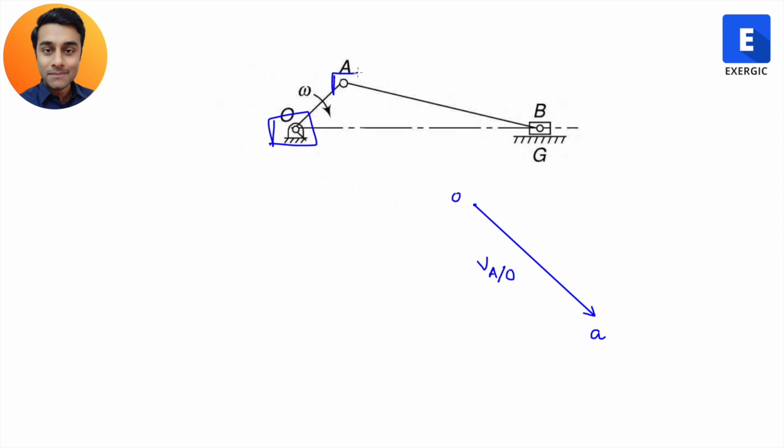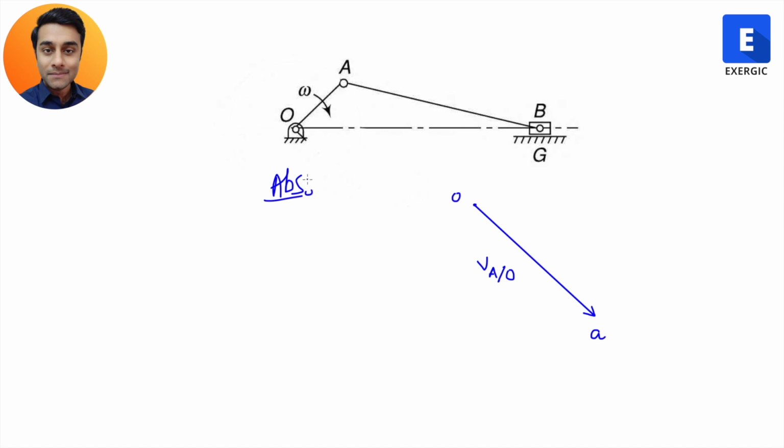So the velocity of A with respect to O, specifically for this case, is the same as the actual velocity of A. If you don't know this funda, write it down in your notes: the velocity of any point in a mechanism with respect to a fixed point or a fixed member is the same as the actual or absolute velocity of that point.